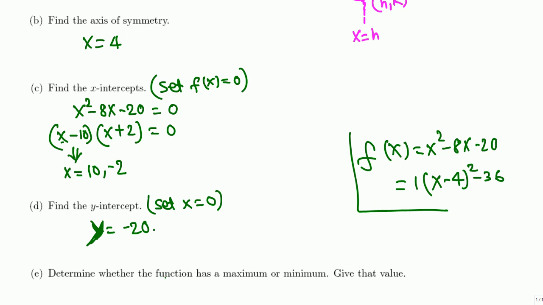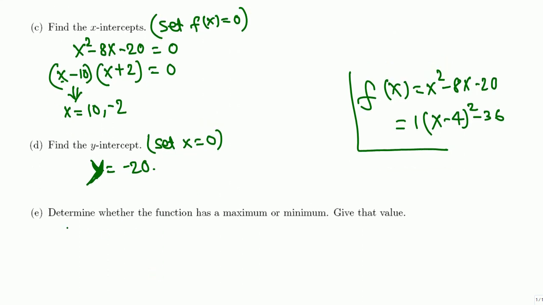And the last thing: determine whether the function has a maximum or minimum, and give that value. Here is the standard form of the given function, and the leading coefficient is 1, which is positive. Positive means it opens up, and the vertex will be the lowest point on the graph, (h, k), and x equals h is the axis, and k is the value.